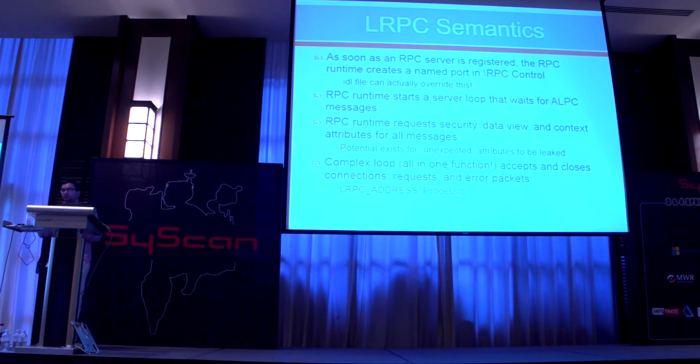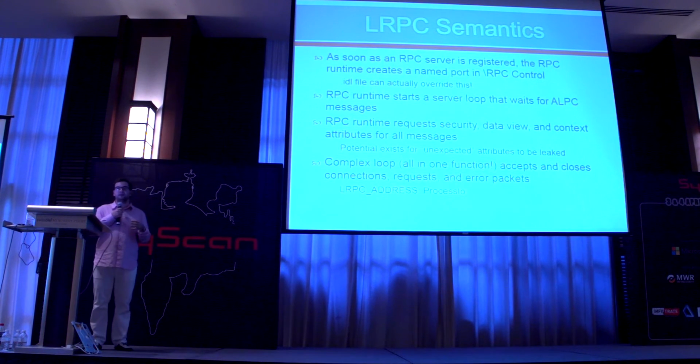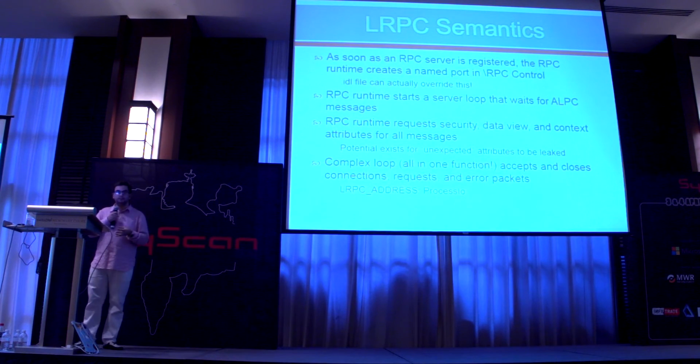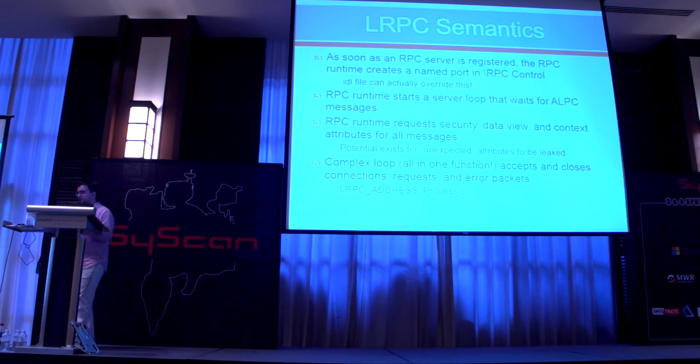Now, I also mentioned that in order to be vulnerable, the server has to specify that it wants to receive data views, that it wants to receive handles. And so the RPC server runtime can receive connection requests, can receive normal requests, can receive bind requests, etc. And in the RPC world, some of these messages do have data views.